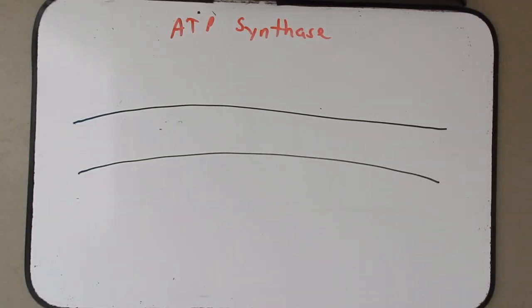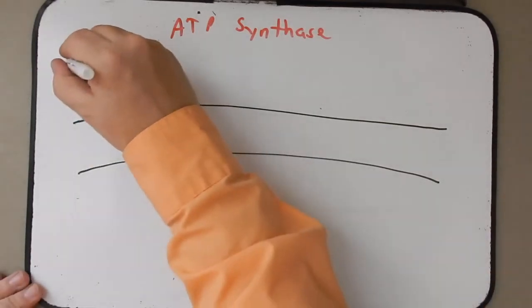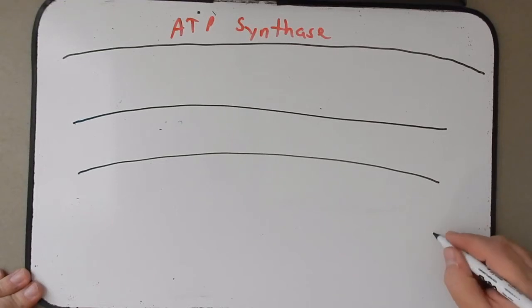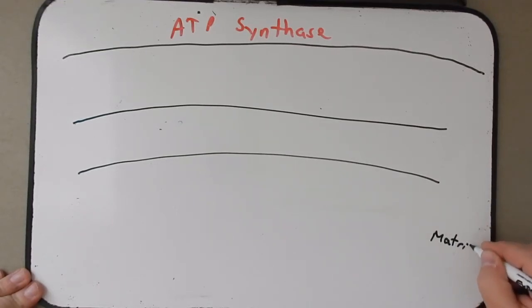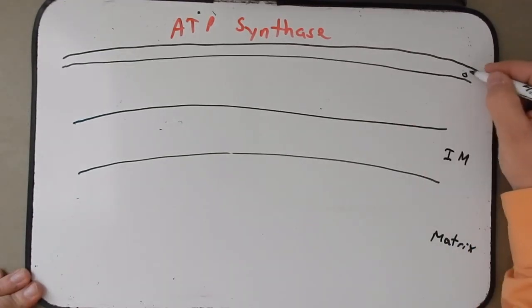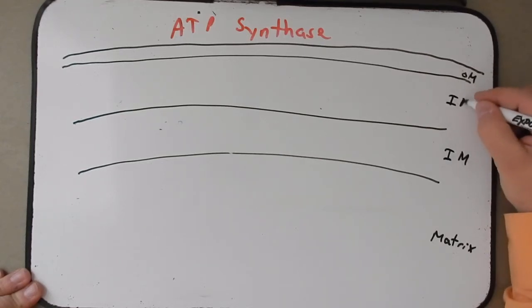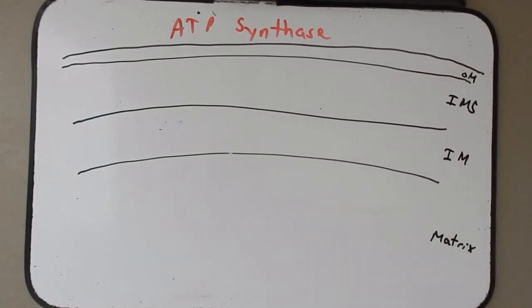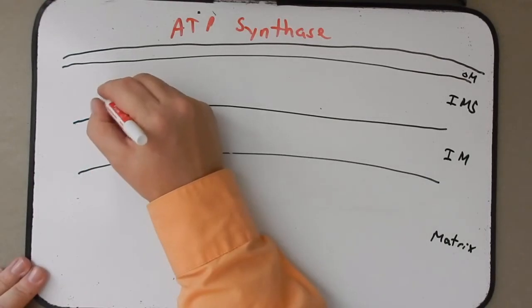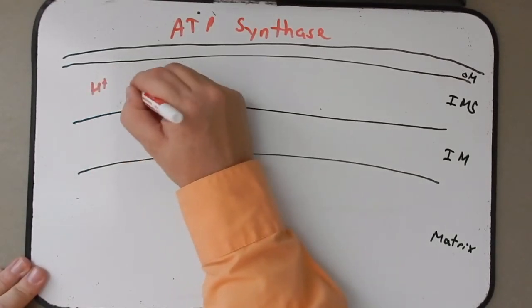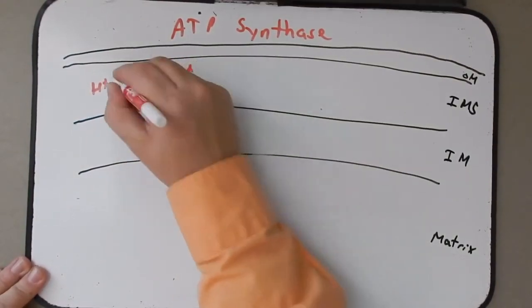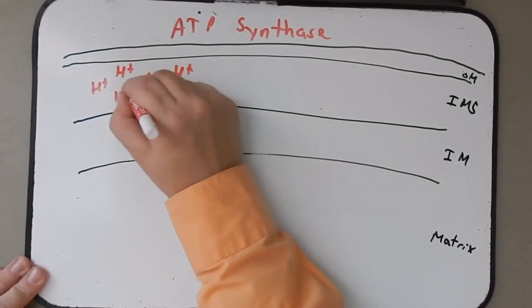Okay, so remember, this is our inner membrane here, and we can show our outer membrane up here just to keep everything legal. And remember, down here is our matrix. Inner membrane, outer membrane, and the inner membrane space. And remember, through the transfer of electrons that we had on the last whiteboard, we had a lot of protons over here, more than the cell knows what to do with.